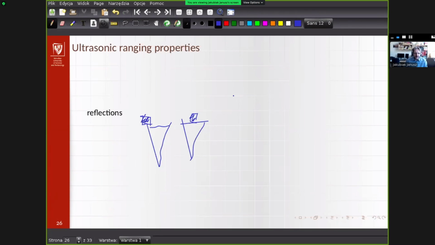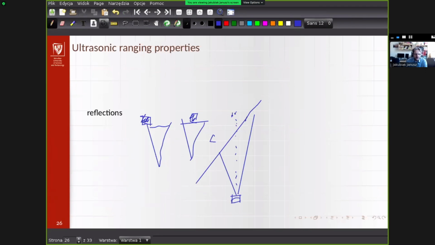Okay, and that was something that we finished last time. Some more remarks. Imagine that we have a wall like that, and we have a sonar located more or less in that place, and it sends a beam of that width. It should be a bit symmetrical, so let's go in that direction, and let's say the center is more or less here. What do you think will be the distance measured to the obstacle?